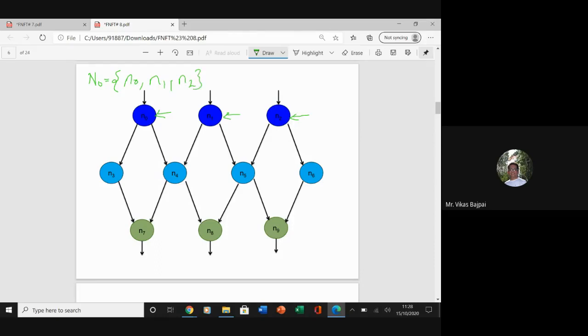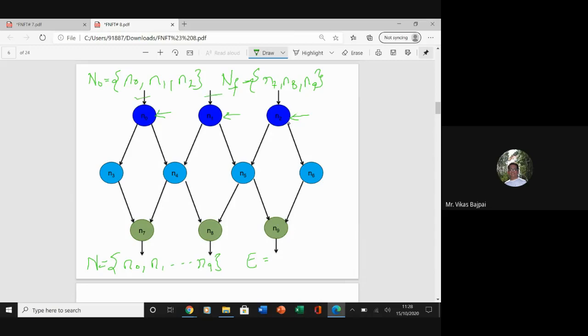So n0 comes out to be this, my nf. Nf comes out to be n7, n8, and n9. Then your n is like n starting from n0 to n1 up to n9. For edges, I'm not going to rename.